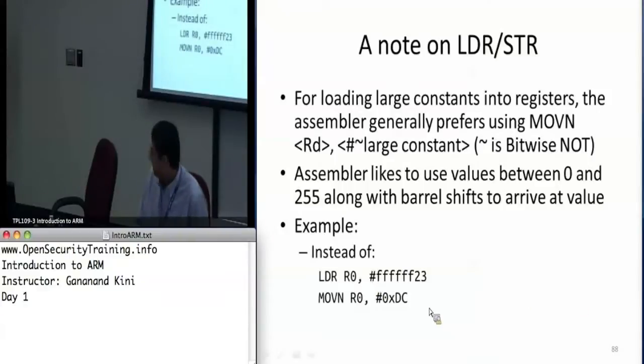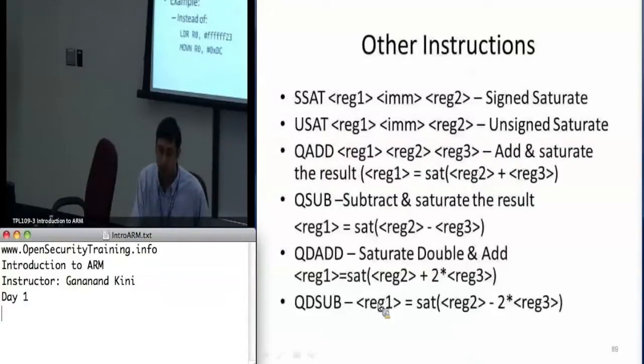Instead of representing this large constant, it will take the ones complement and use that instead, and it'll put that into R0. So this is just an interesting optimization that the assembler does.